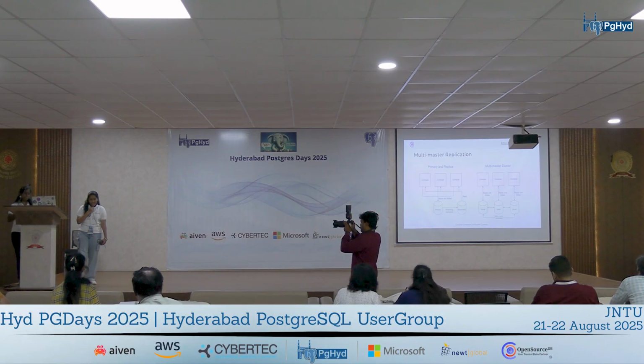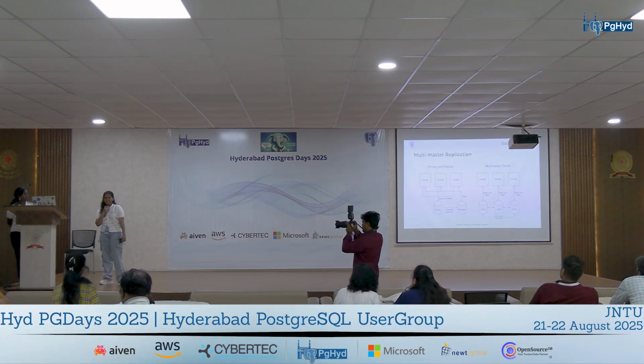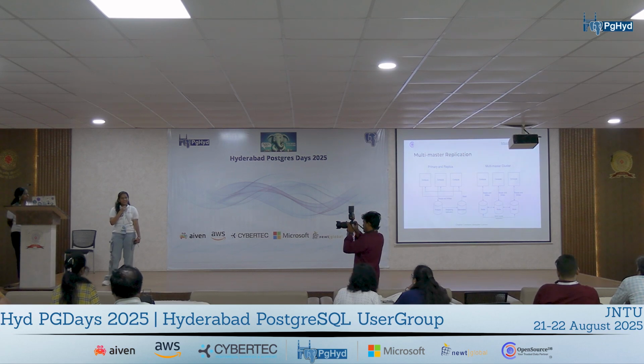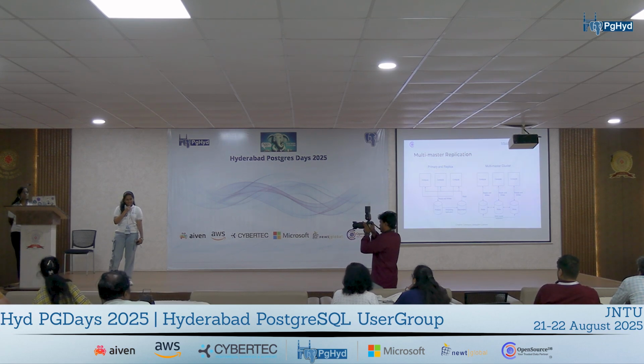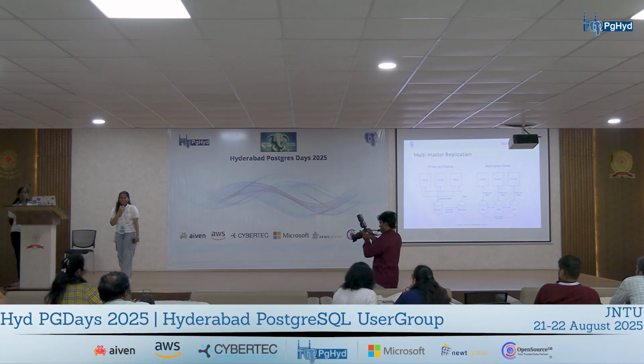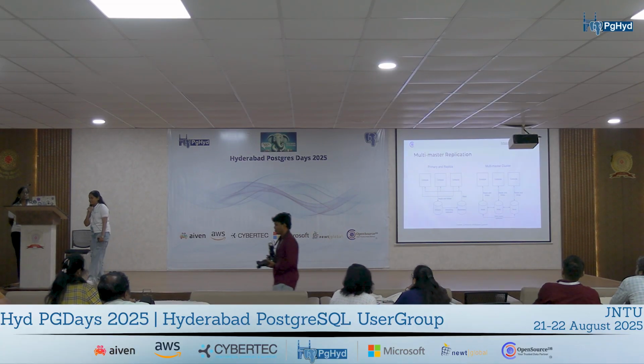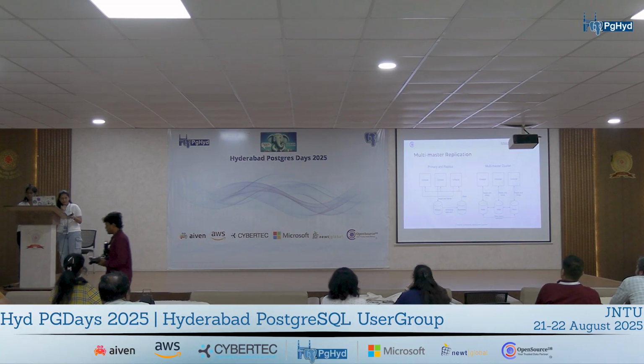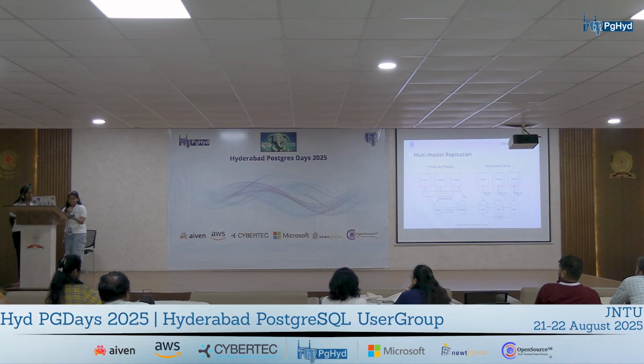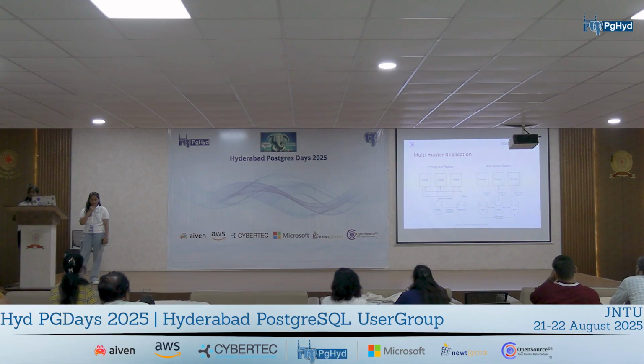Before we go to this diagram, I just want to know how many of you are aware of multi-master replication. I can see few hands in this room. So I just want to explain what multi-master replication is. First of all, replication is the process of copying data from one database server to another database server.